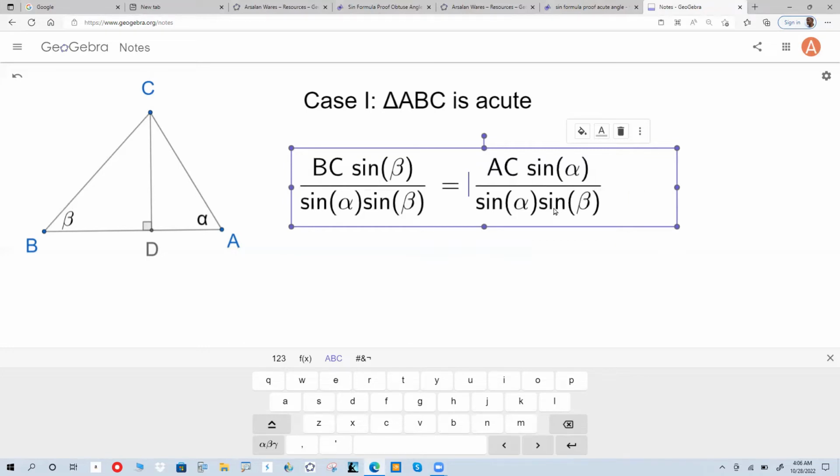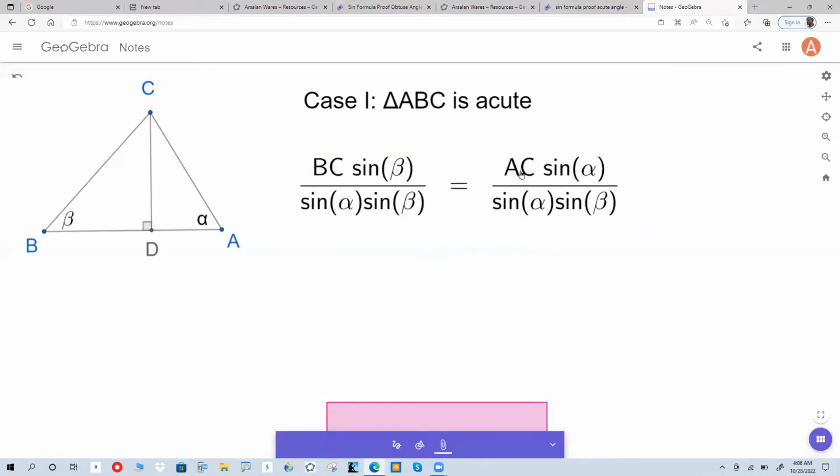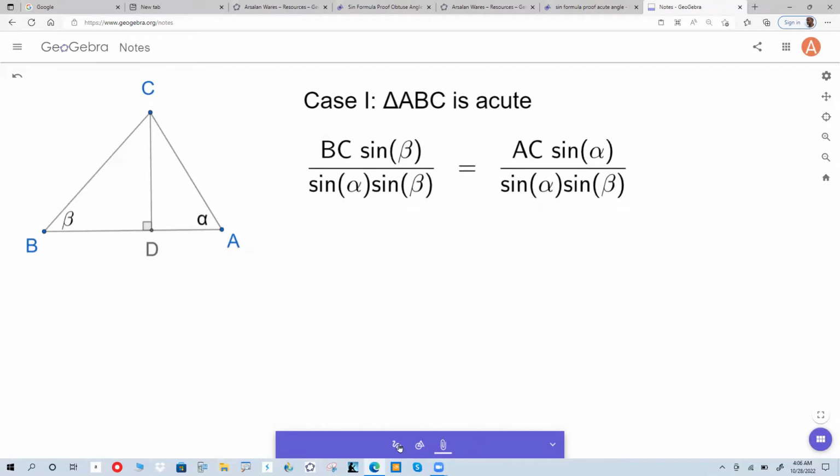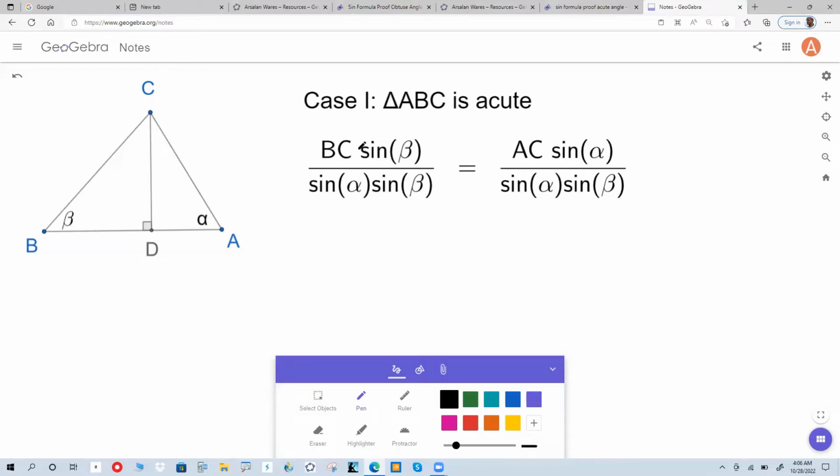So this is much better. And now I can do some cancellations. I can cancel this and this, and I can cancel this and this. Now, remember, instead of BC, I can write small a. Instead of AC, I can write small b.